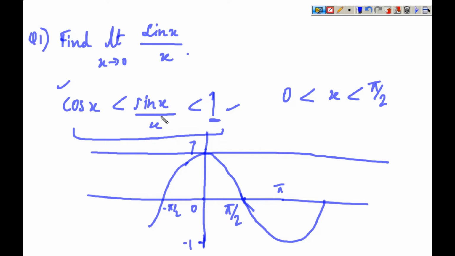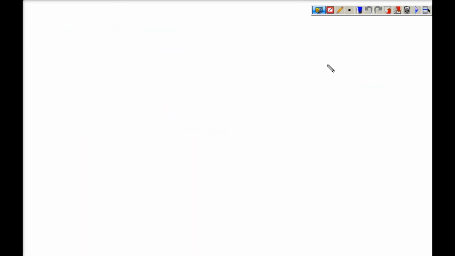So automatically when x approaches 0, the value of sin x by x will also be equal to 1, from the sandwich theorem that we proved in the previous videos. Please have a look at that also.